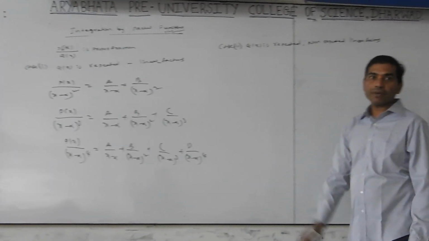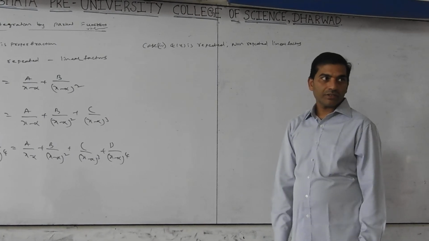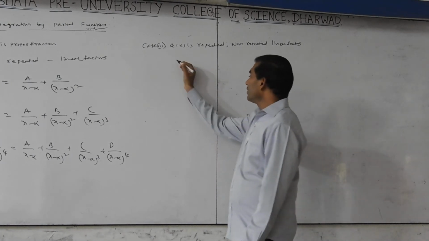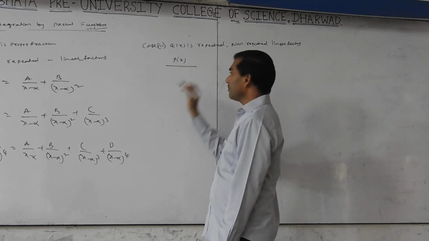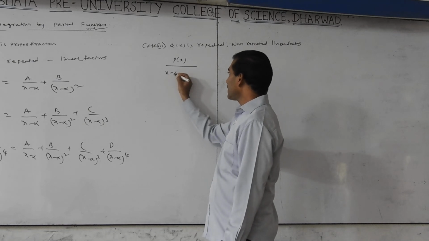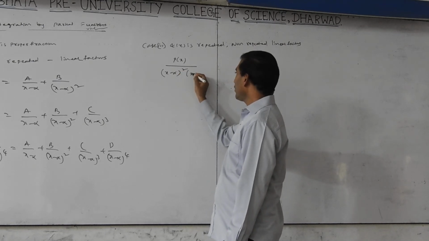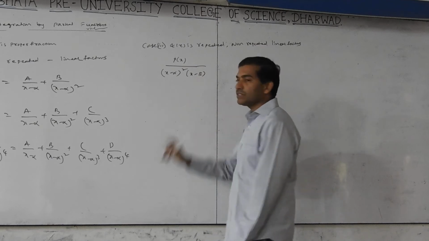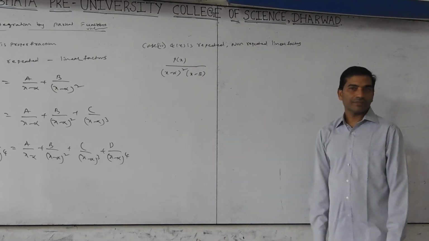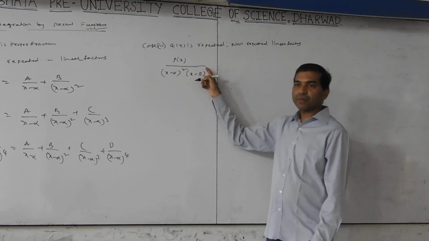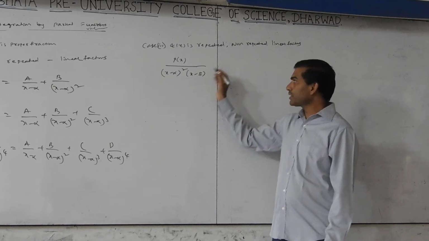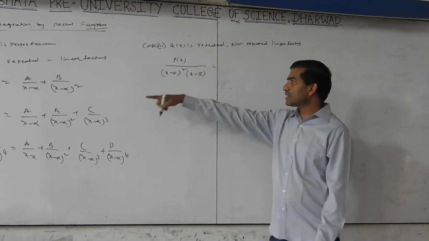Tell me, p of x by (x minus alpha) whole square, one more (x minus beta) which is non-repeated. This is repeated. Then the partial fractions, proceed as per that rule.